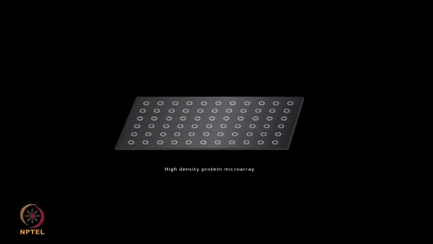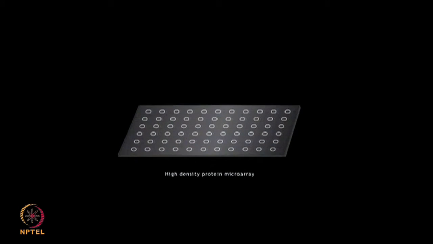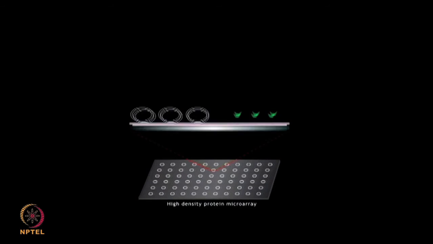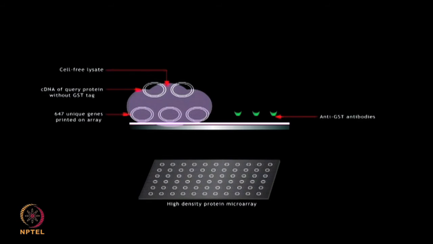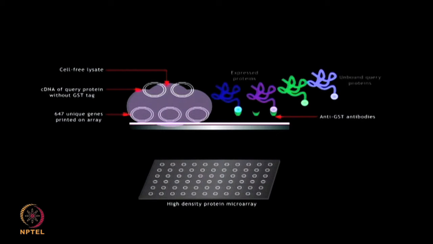High density NAPA approach for studying well characterized gene pairs, a study by Ramachandran et al., 2008. In this study, the authors made use of high density nucleic acid programmable protein arrays to study protein-protein interactions. 647 unique genes were printed onto the array surface and expressed by adding the cell-free expression based system.